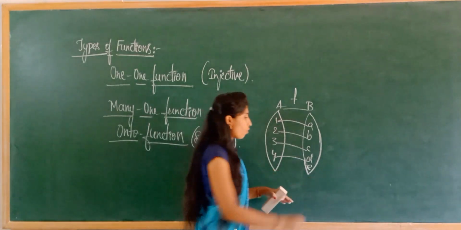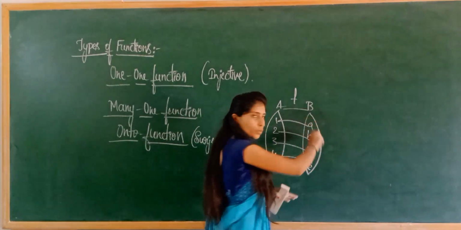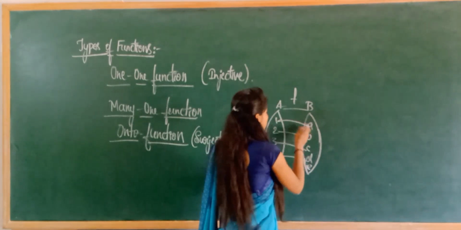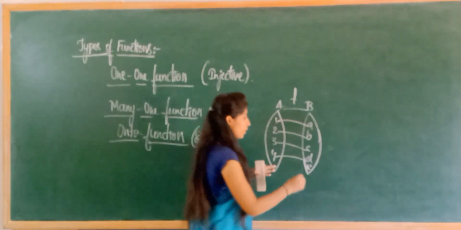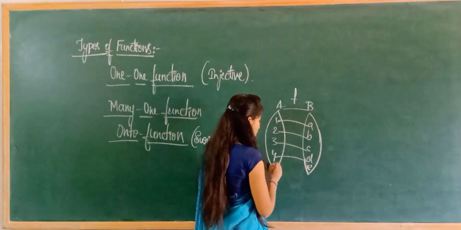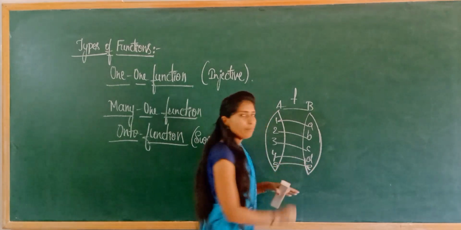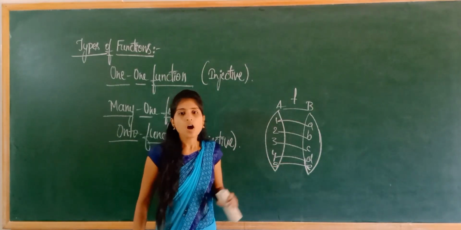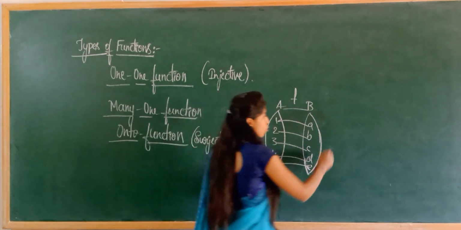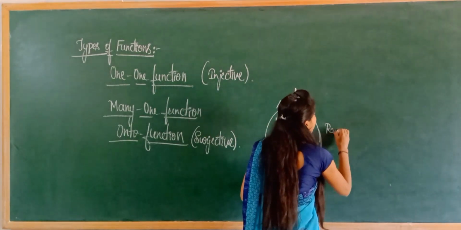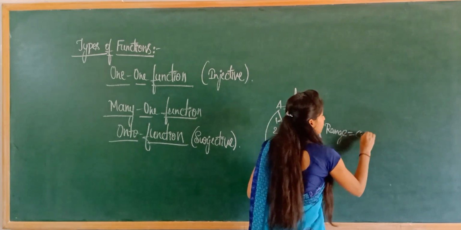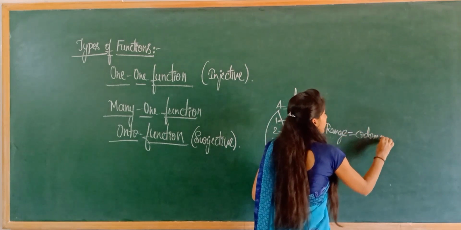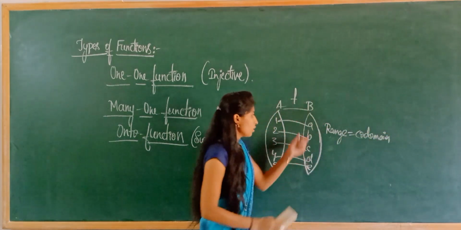Okay, if all the elements of codomain have at least one pre-image in set A, for that we call it as onto function. And in onto function, range should be equal to codomain. See here, this is range and codomain.